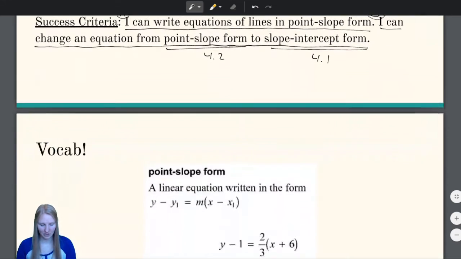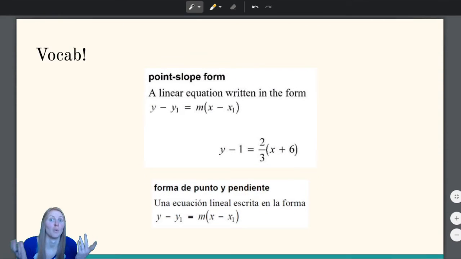So let's move on to what is point-slope form. Let's finish the first part of our learning target.